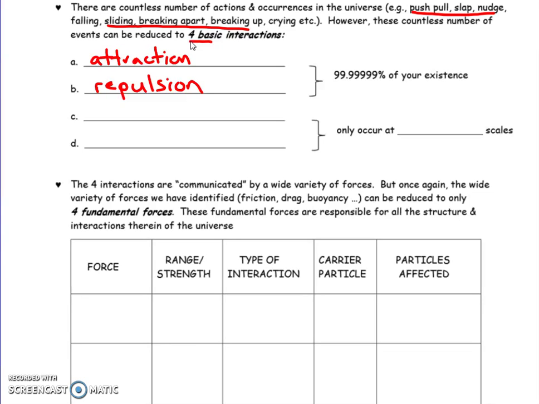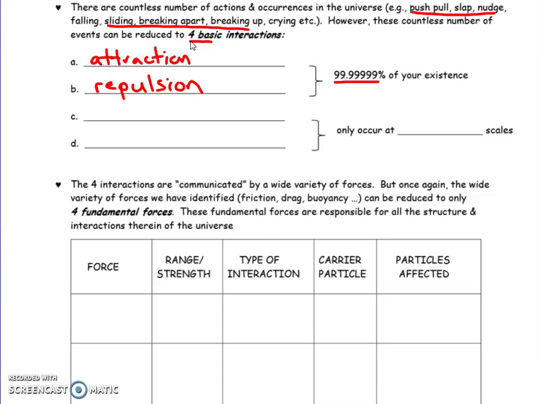There's a repulsion going on at some fundamental level. A pull would be kind of like an attraction. All right, so when you slide across a surface and you're sliding across the ground, we call it friction. You can think of that as either an attraction or repulsion. The key thing about that is that that's essentially 100% of your existence is either an attraction or repulsion.